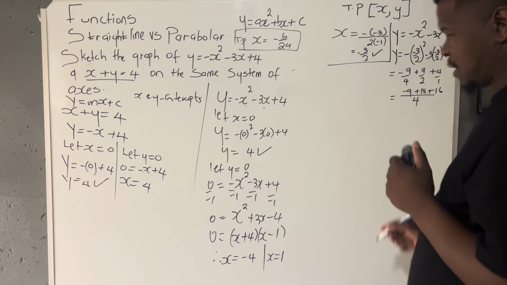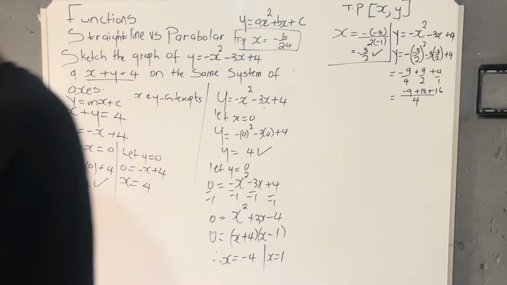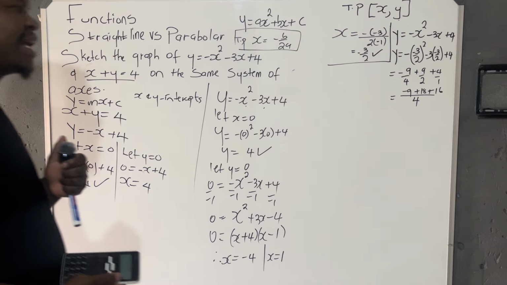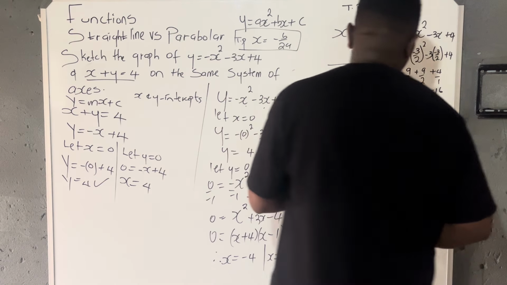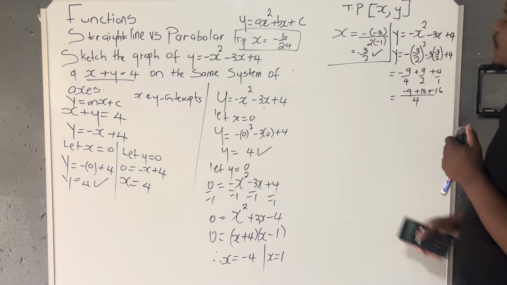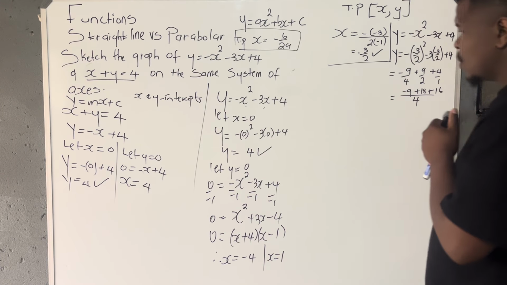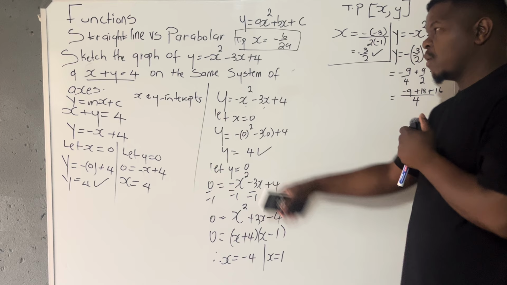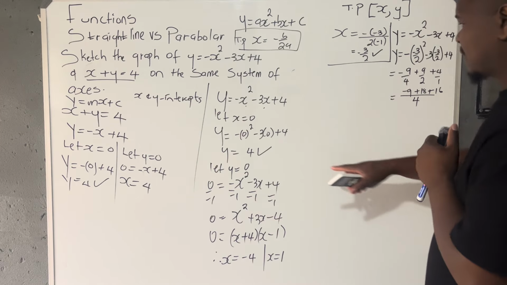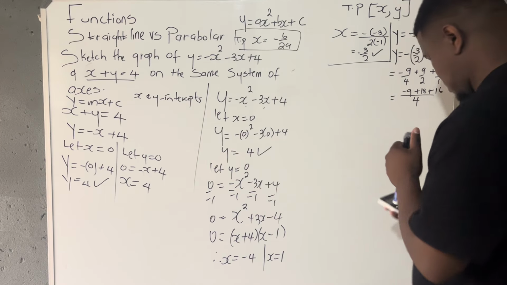Now it changes everything. I was quick to see that it was wrong because I was getting a 13 over 4. Imagine the y value of a turning point becoming 13 over 4, which is way lesser than the y-intercept. It can't be. We must get something that is above this. All right.